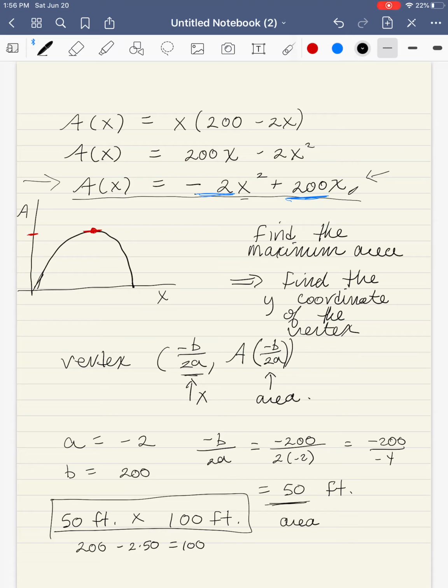And if I want to find the area, I can plug back into the function here, or I can just use what I know about length times width and multiply 50 times 100. Let's see, 1, 2, 3 zeros. So the area is 5,000 feet squared.